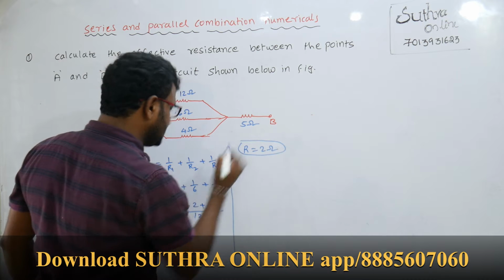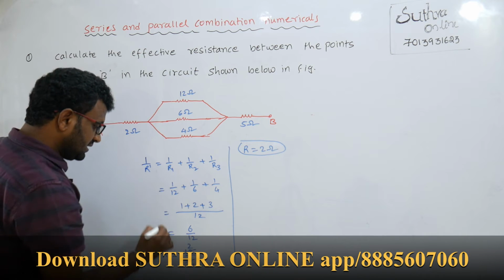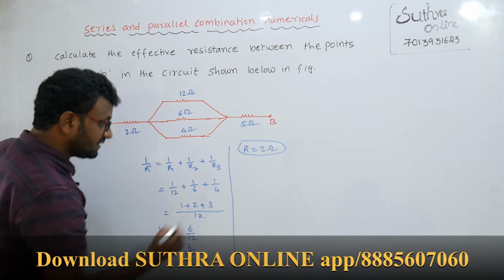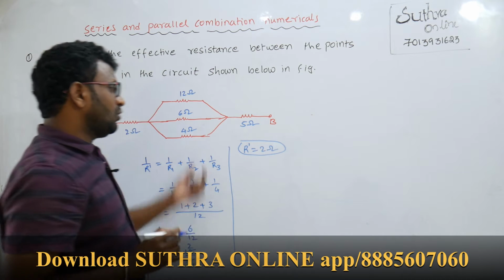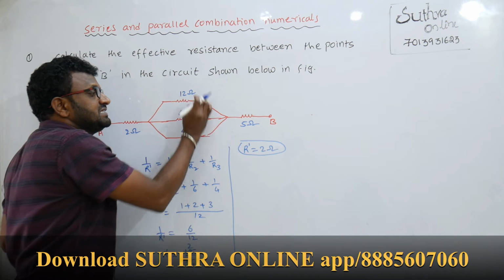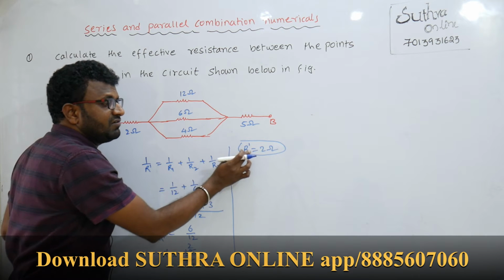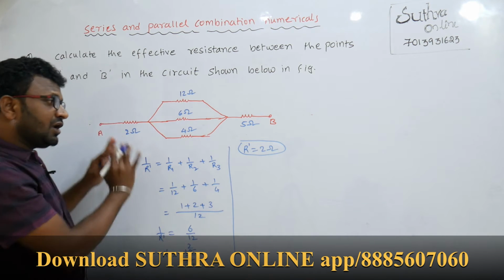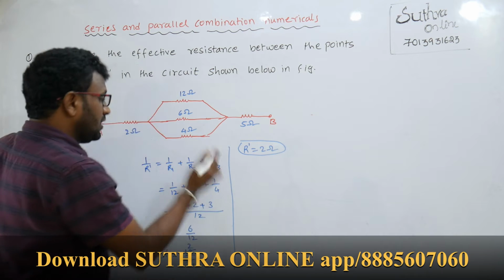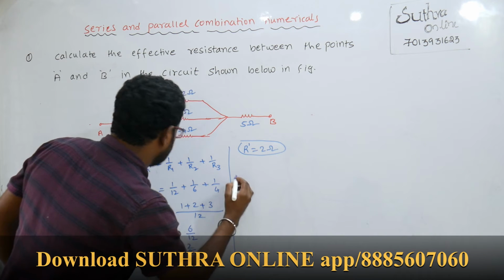So I am going to take this as R dash. Then R dash is equal to 2 ohms. This means the equivalent resistance of the combination of these three resistances is 2 ohms. Now again I am going to draw the circuit.